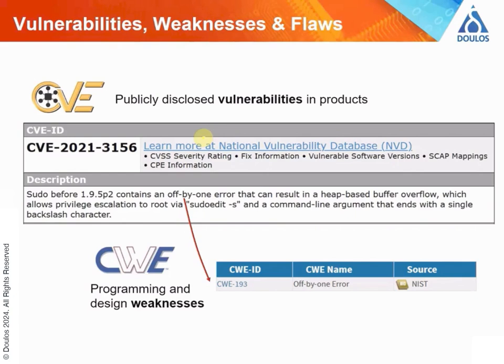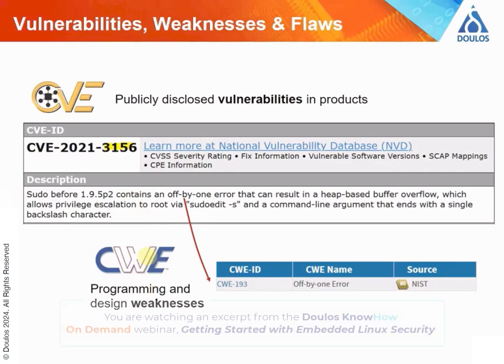And there's a sort of standard format. Everyone is given a unique number with a date and an identifier, a description, information about how the weakness can be triggered, and the aim, of course, is that people who are using the particular piece of software in the product can monitor these and can react accordingly.